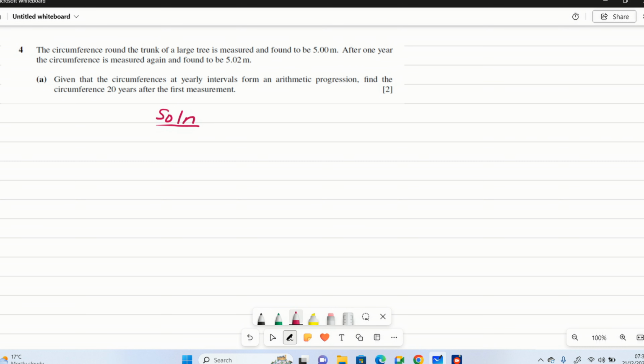in an AP. So in an AP, the term-to-term rule is Un equals a plus (n minus 1)d. Un means the nth term. Now if you look at this question, the measurement at first was 5.00 meters, and then after 1 year, which means the U1.